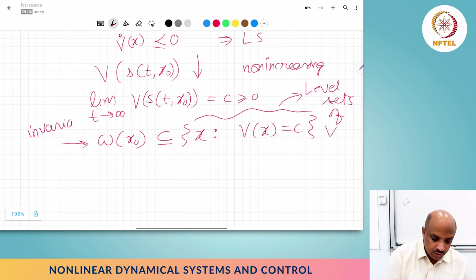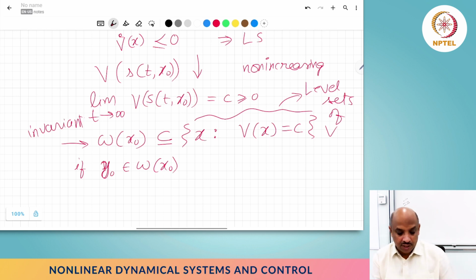Okay. So that means if I start in that set, then I'm going to remain in that set, which means because it's a subset of that, I can find... I'm going to use some other notation. Y0 belongs to my omega of x0, right?